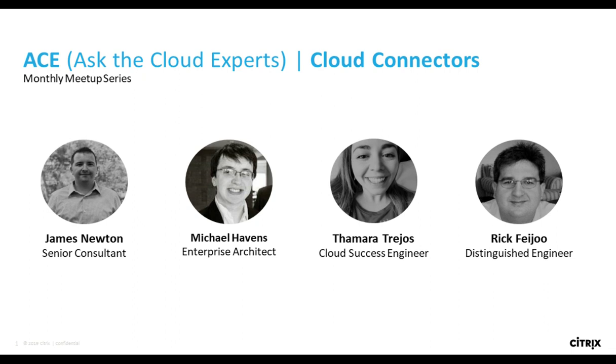All right. A question that we just received is, how should we size a cloud connector for best performance? I can take that, James. This is Mike. From a sizing perspective, we size cloud connectors the same way we size delivery controllers. I generally start with 4 vCPUs and 8 gigs of RAM. That seems to be a sweet spot for starting out.